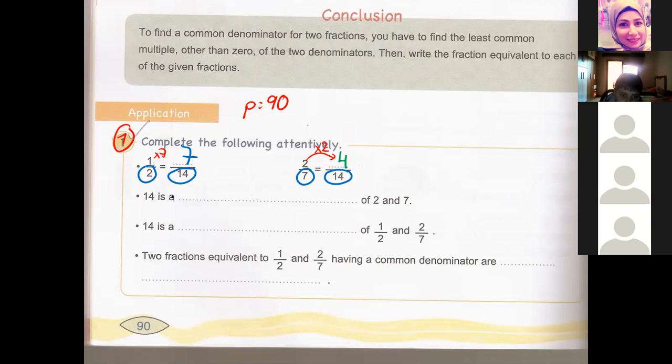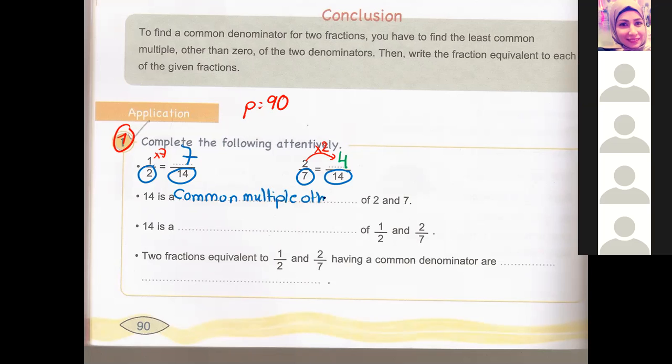Common multiple other than 0. Bravo. Come on, multiple other than 0.